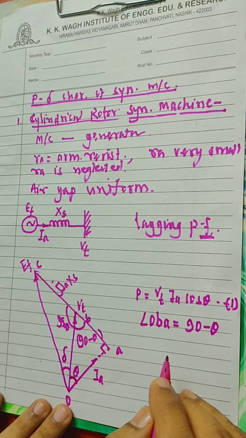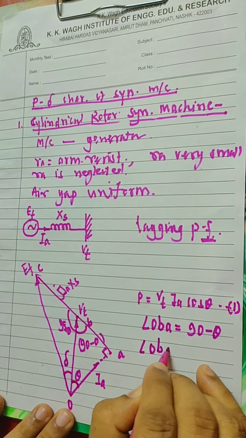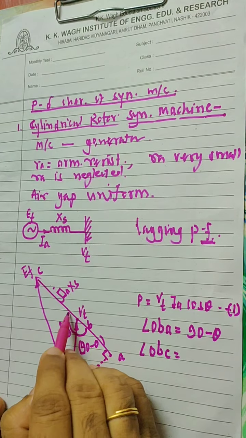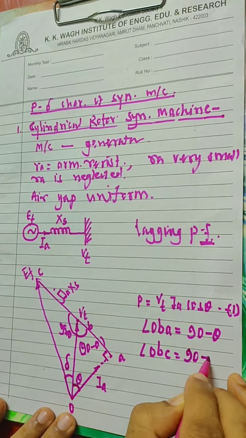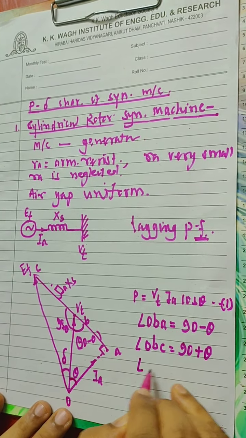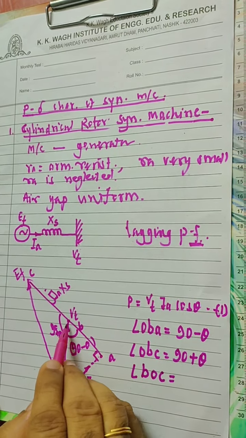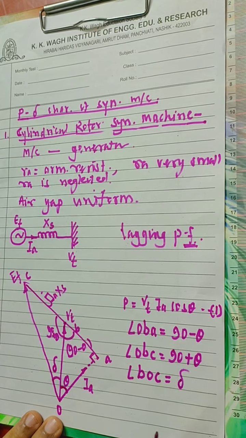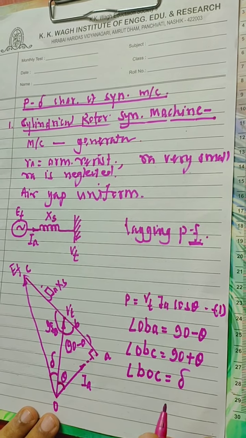Then angle OBC is 90 plus theta. And angle BOC is angle delta.